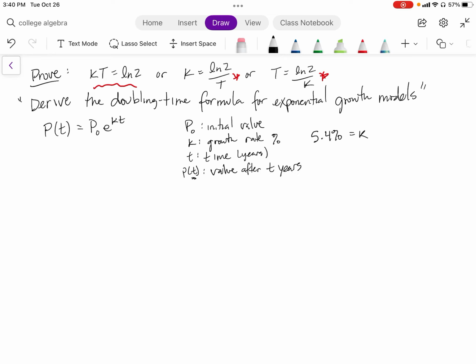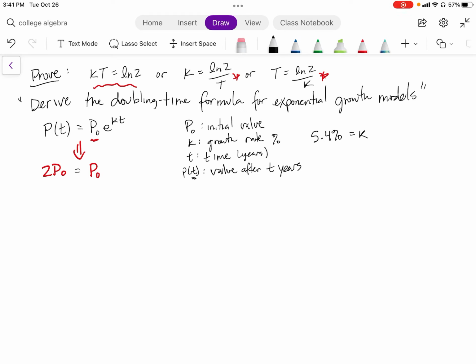Okay, so we're going to look at doubling time. If I started with some value, it doesn't matter what that value is, I could stick with P naught. If P naught is the initial, then my ending value is double that. So I'm going to start with a generic P naught, and I know I should end with double that because we're deriving this doubling time.